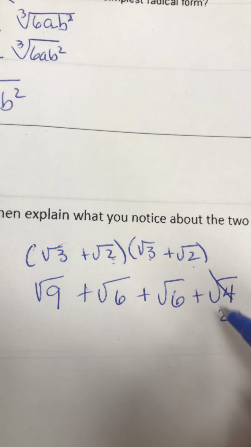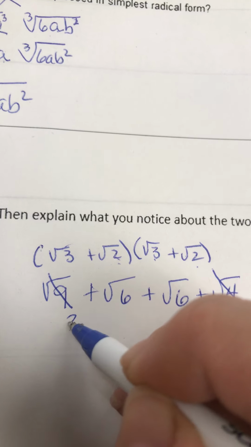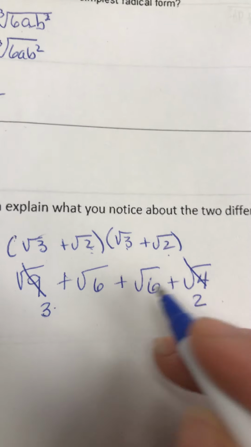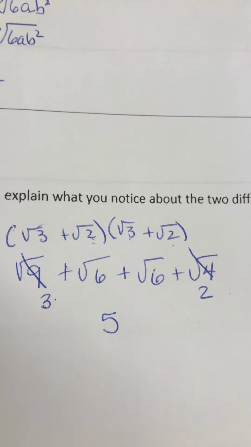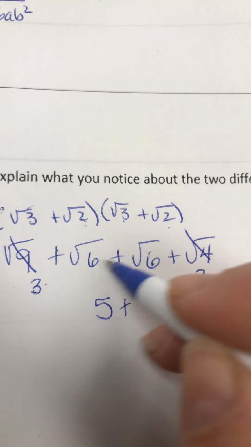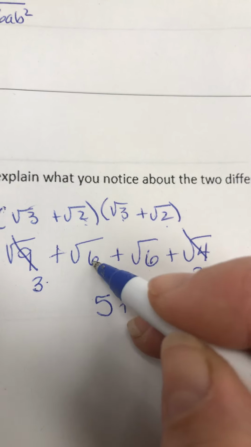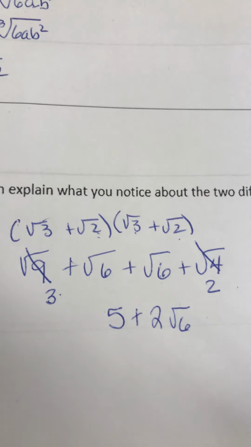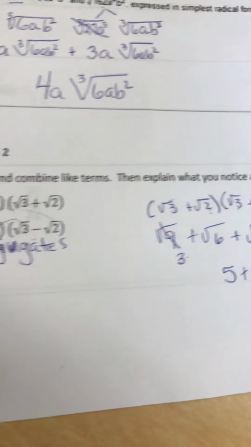Well, rad 4 is 2, and rad 9 is 3. So these two can be combined to be 5, plus I have 2 of these. I have a rad 6 plus a rad 6. That gives me 2 rad 6s. That's it. That's all we can do with that.